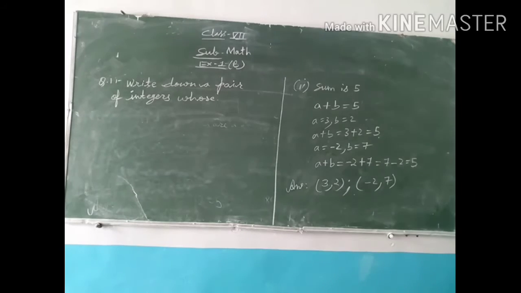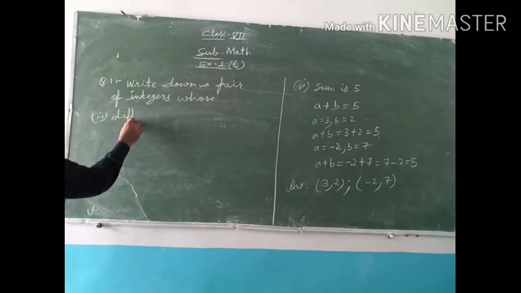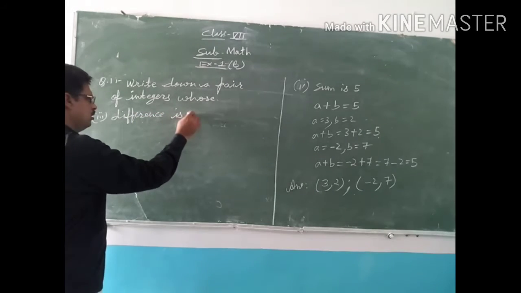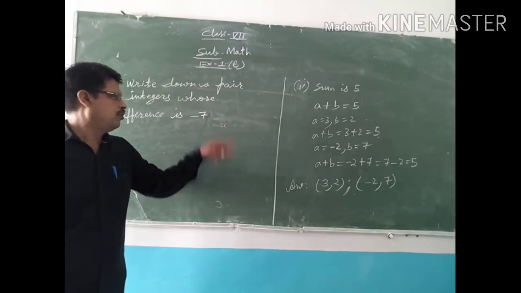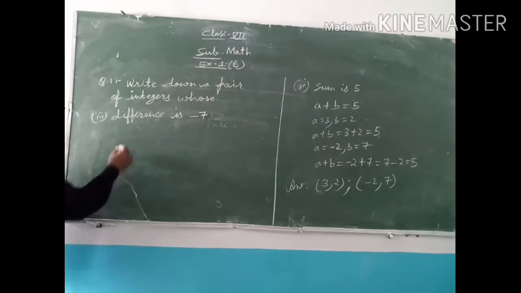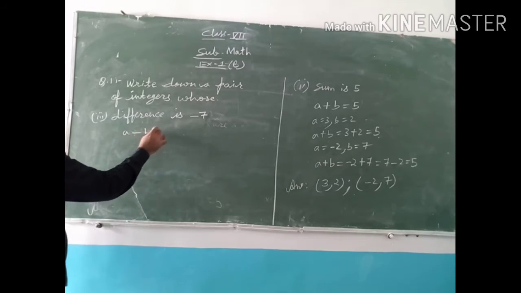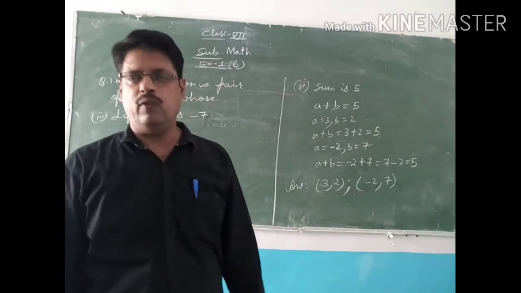Now third one, difference is minus 7. Means we have to take two integers a and b whose difference, a minus b, answer should come minus 7.